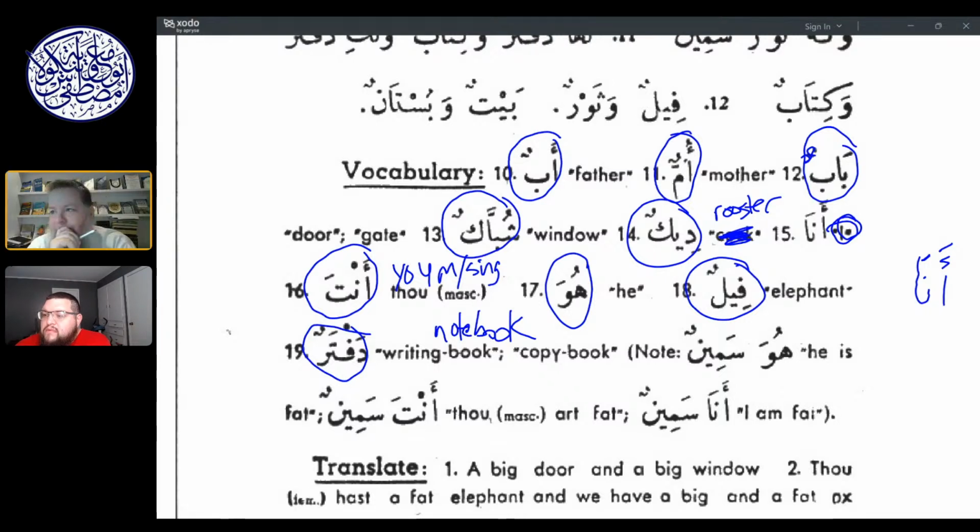So if you're able to, go get your daftar, right? Open the door. Open the bab. Close the shabak. It's getting cold outside. Stuff like this, right?